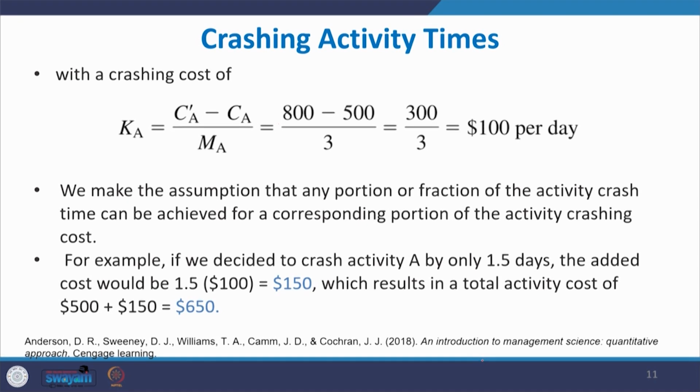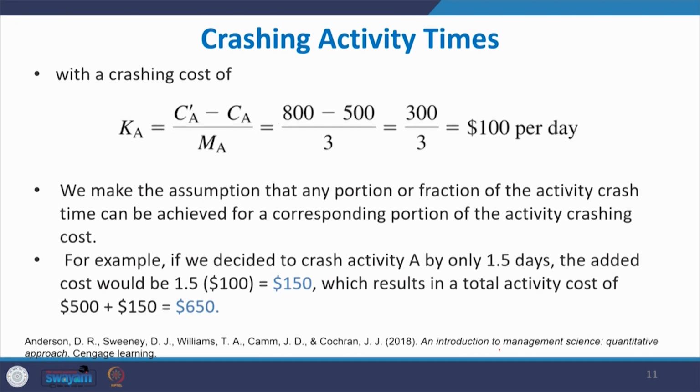We make the assumption that any portion or fraction of activity crash time can be achieved by the corresponding portion of activity crashing cost. What is the meaning? If you are compressing the time, that is achievable by adding the additional cost, that is the crashing cost.